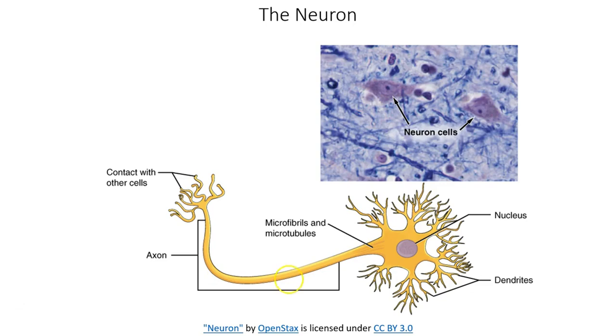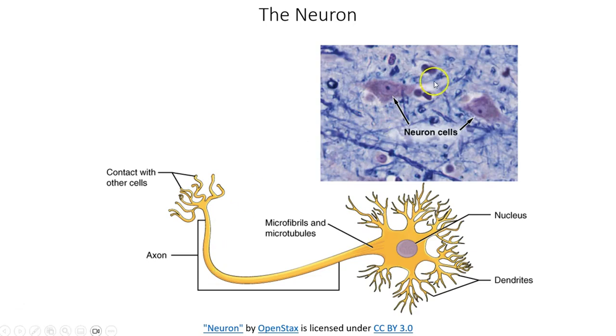Up here is where our nucleus is located in this main part of the cell. We also have dendrites coming off of that, and these dendrites are going to connect to the other end of another neuron. We can have lots of dendrites so that we can have connections with multiple different neuron cells outside of that one cell. And then between those two ends is the axon, and this is where signals are sent through to other cells.